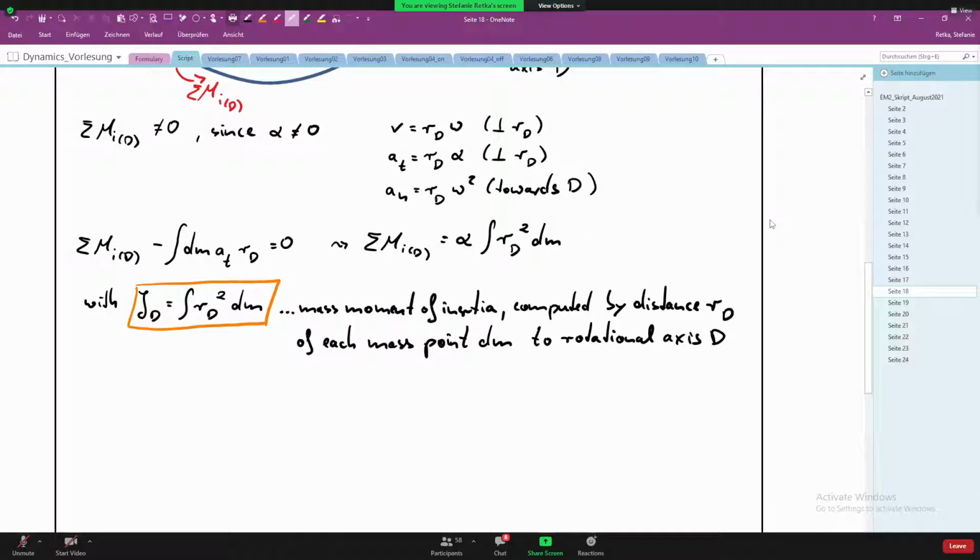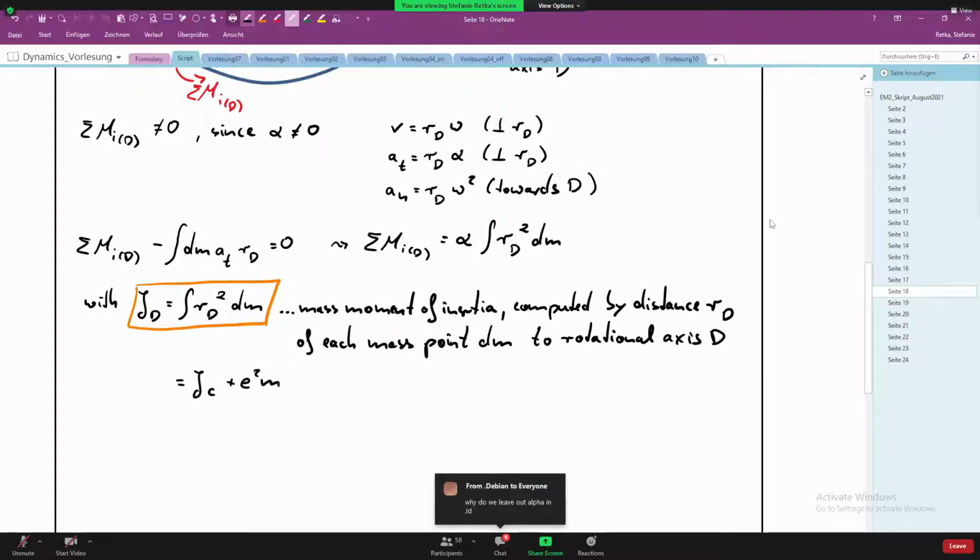And of course, we do not want to integrate this equation every time for every rigid body that we are describing. But we do know a simplification of this equation, because we know that the mass moment of inertia with respect to a general axis of rotation, our axis D, can be derived by the mass moment of inertia of the center of gravity of the system plus the Steiner share, E square times m.